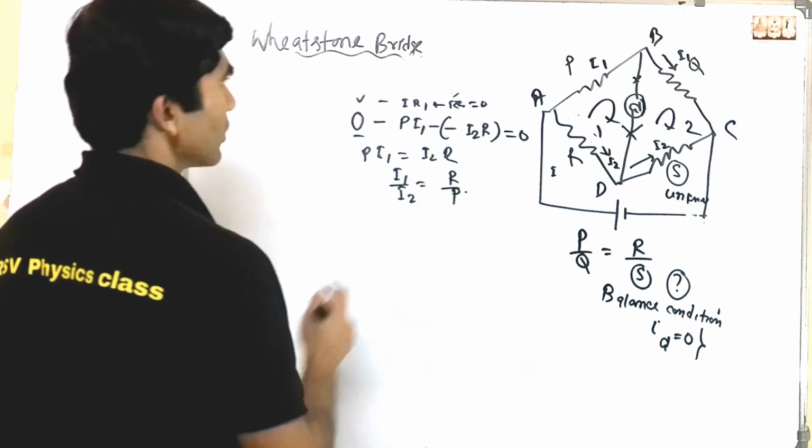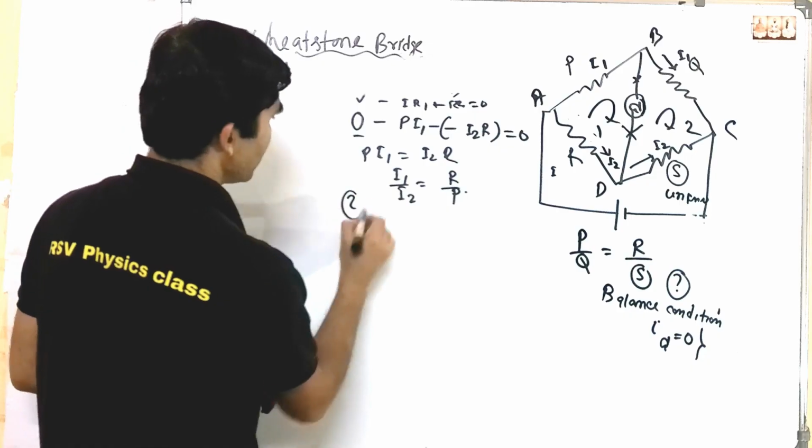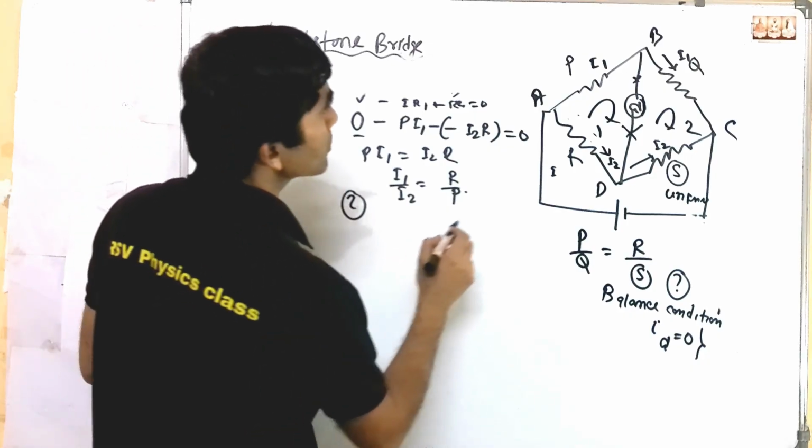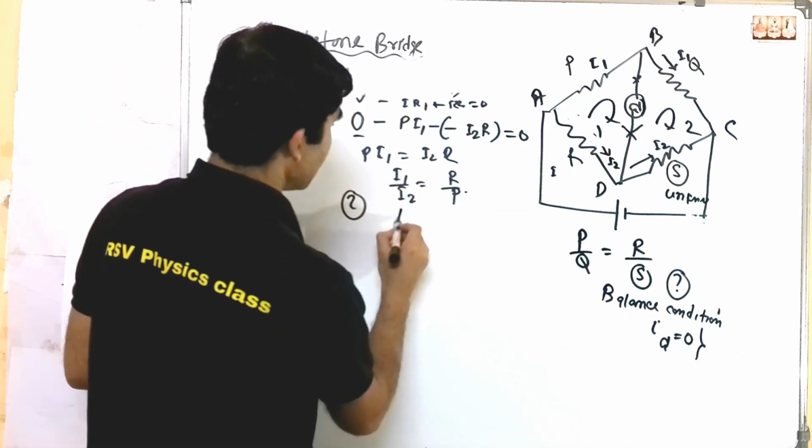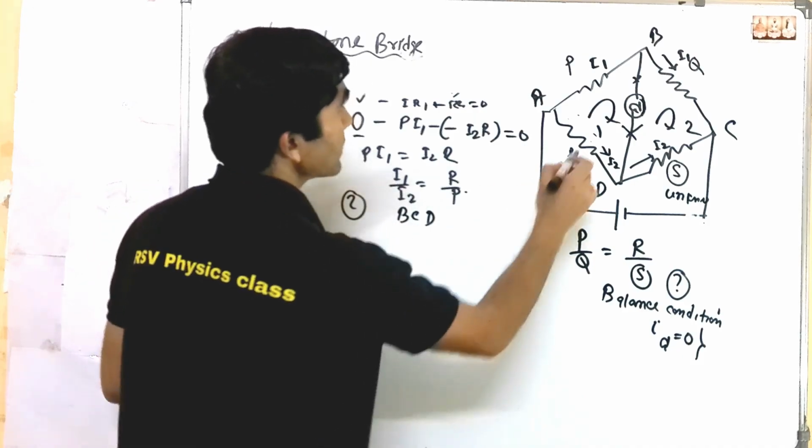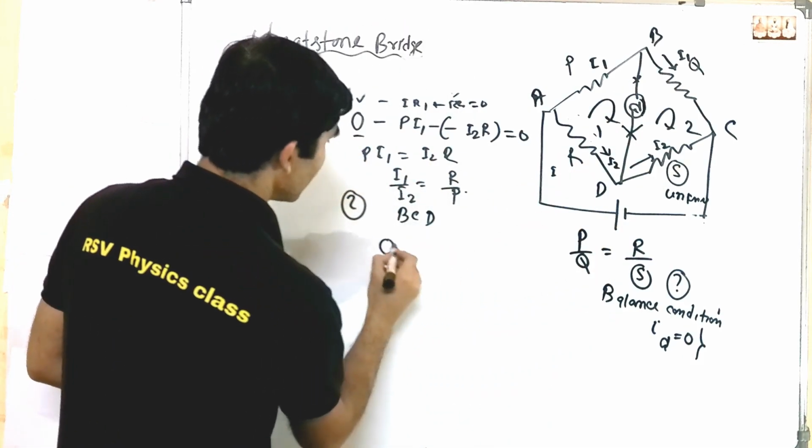Okay, now for the next loop, second loop, loop number 2, BCD again, voltage 0.